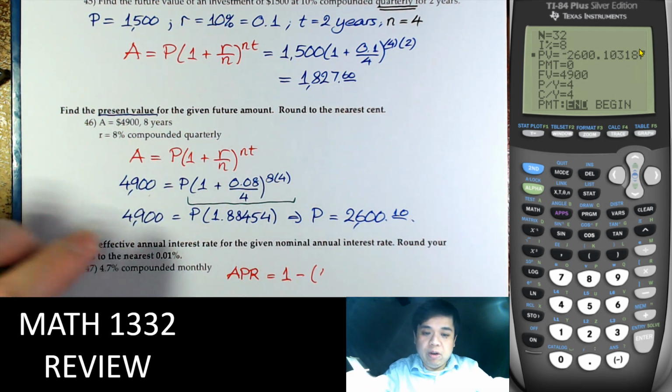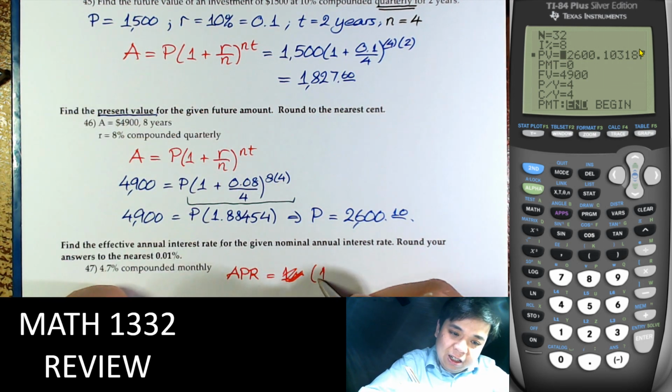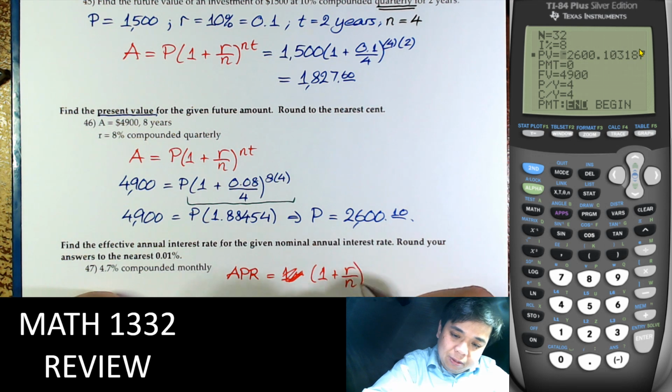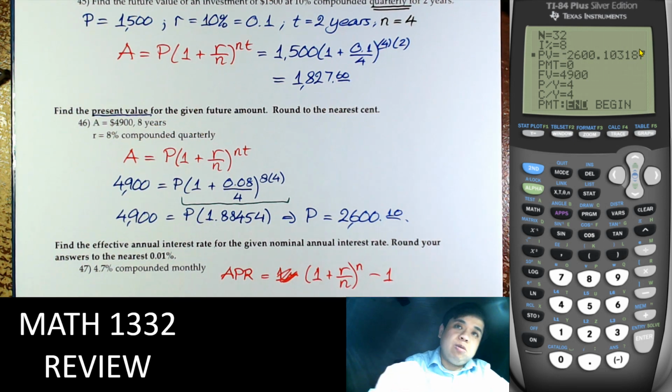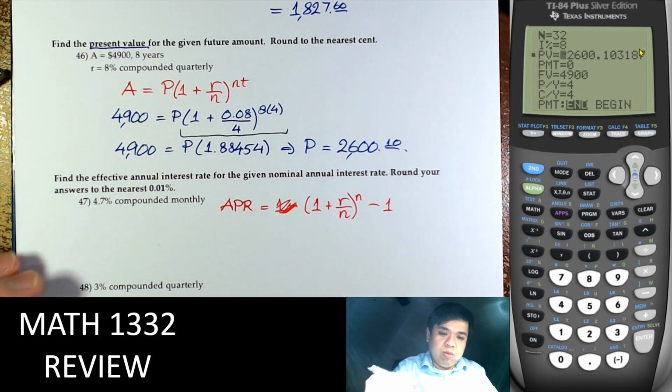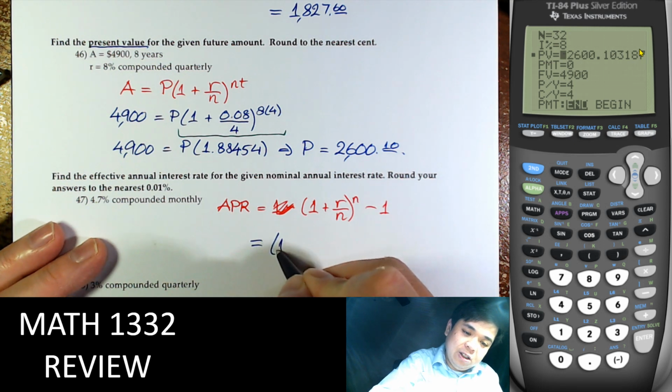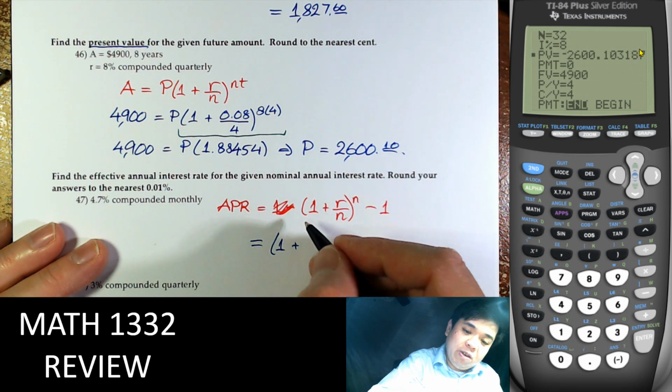Actually, the other way around, sorry. And we will let t equal 1, meaning this is the interest for 1 year, minus 1. So pretty much that. Straightforward here. 4.7%.